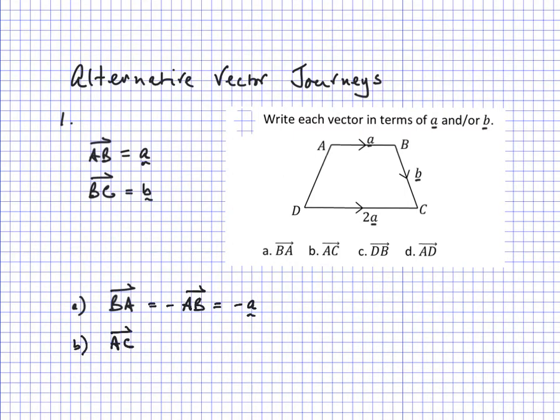AC, let's see, if we look at the diagram, how do we get from A to C? We start at A, we go to B, and then we go to C. So A to B, and then we add on B to C. Now we know that AB is a and BC is b, so AC can be written as a plus b.